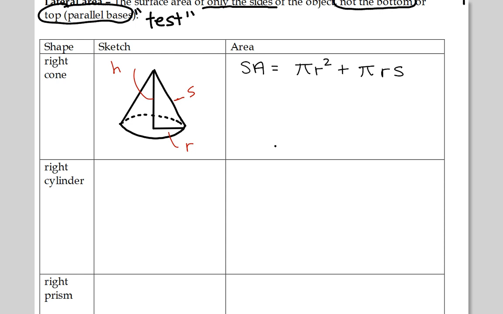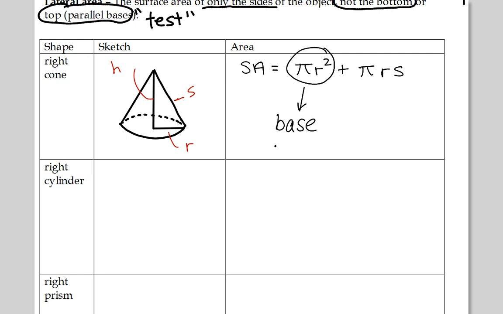And let's break down the formula. The first one, pi r squared. That is the formula for the circular base. Do you agree? What is a pi r squared? That's the area of a circle, so that's the bottom. Because what we're going to be doing is we're going to be putting these shapes together, and then you have to problem solve through the formulas.